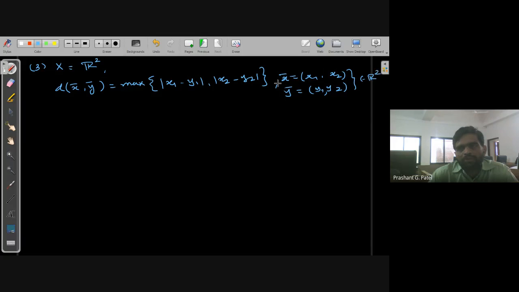Both the points are in this. For understanding, I'm just taking r equal to 1 and x0 as (0, 0), that is the origin.